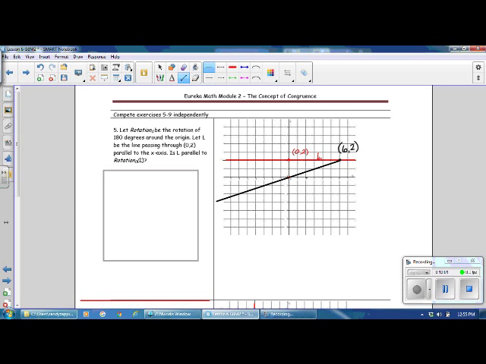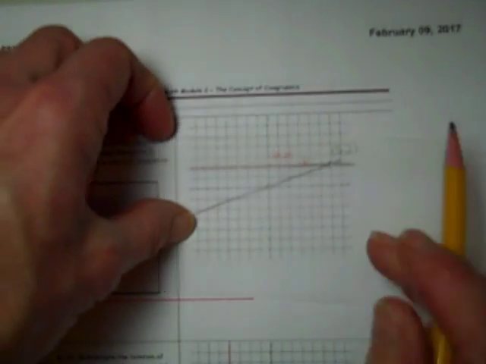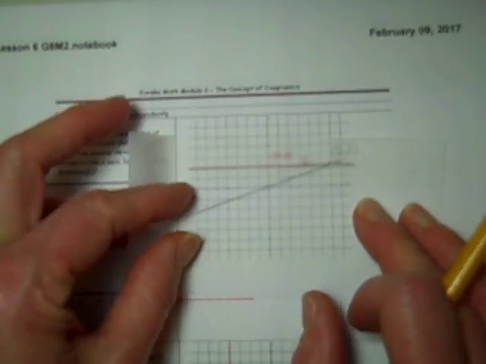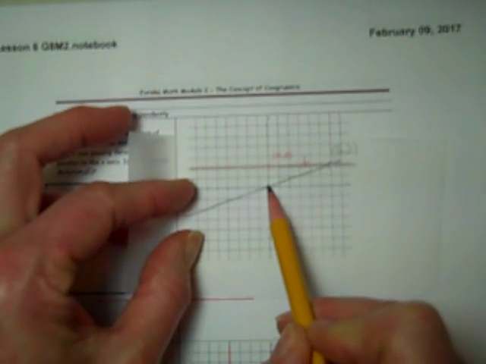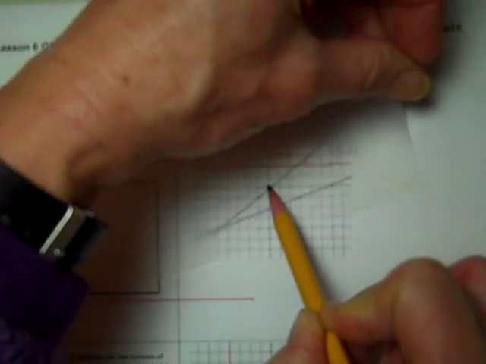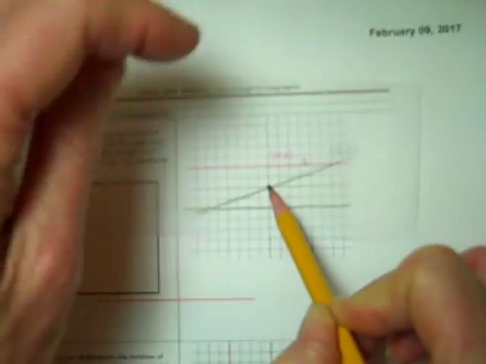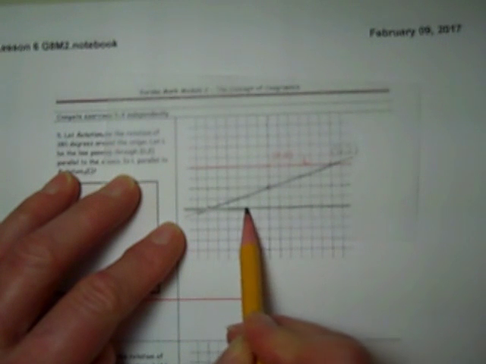Then we'll rotate the point and the line. So trace the line and trace the line of rotation, then we'll rotate it. I've traced my figure and I'm ready to rotate it. Place the pencil tip on the origin, rotate it 180 degrees, and trace your line and label it.